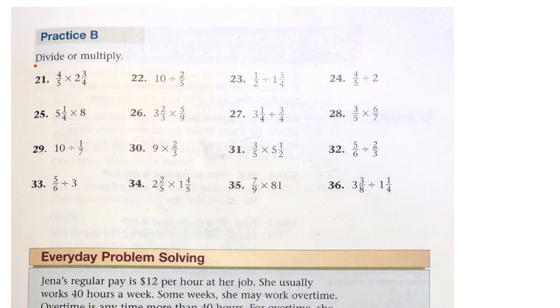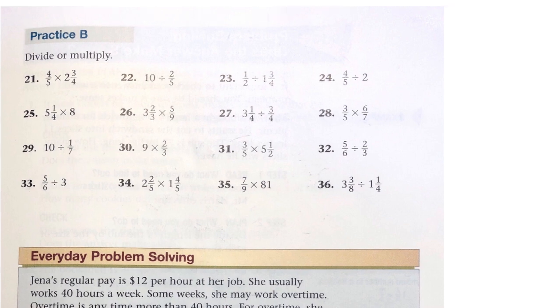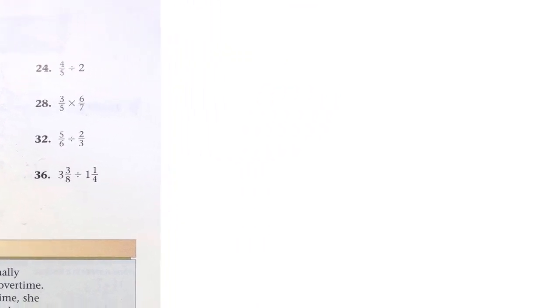Alright, so this one is practicing both dividing and multiplying. So remember to look at the sign to make sure you do the correct operation. So we'll just slide this over so we have a little more room to write, and we can practice with a few.